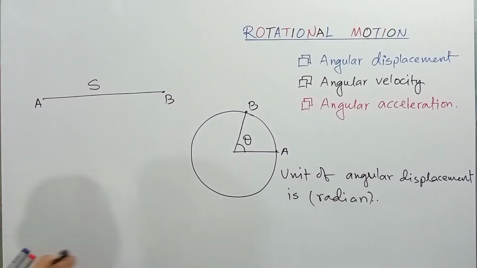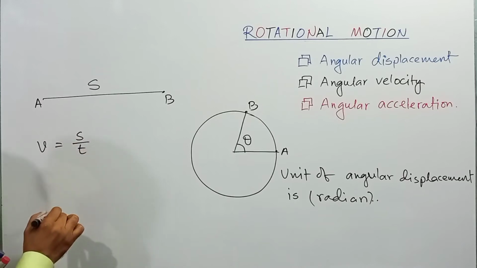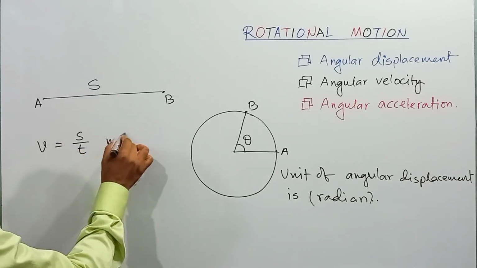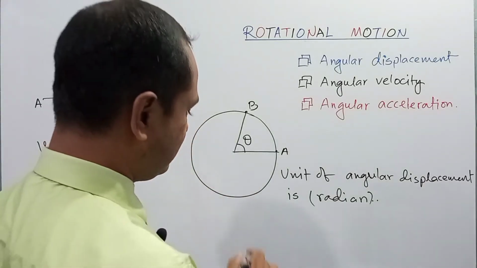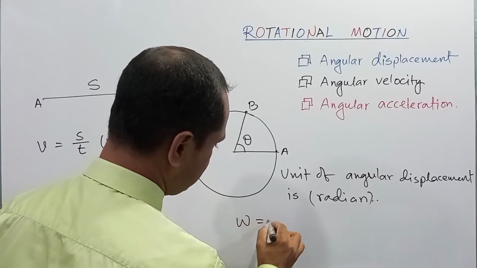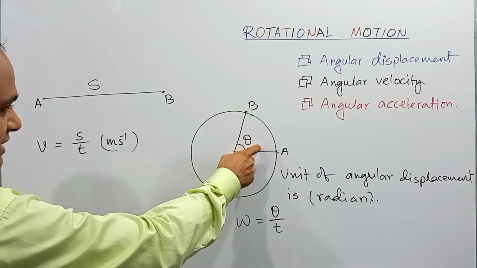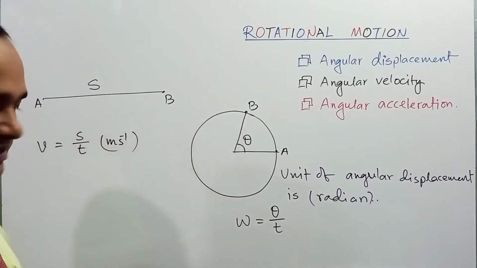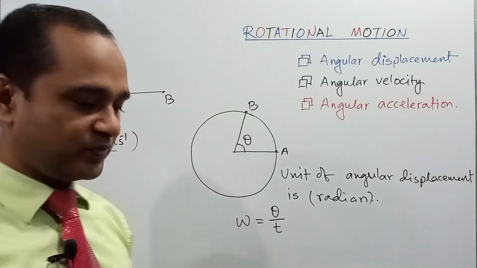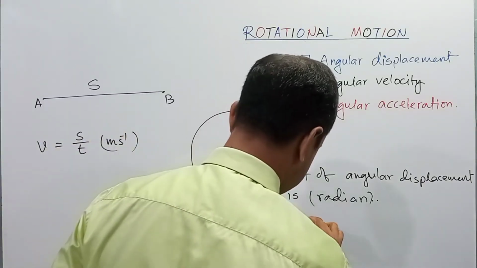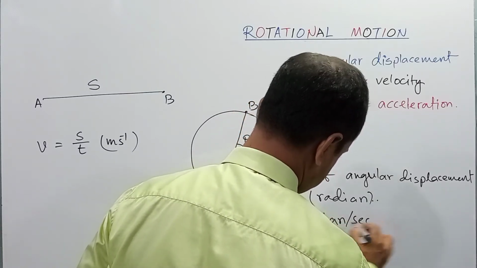The linear velocity v is denoted by s by t and its unit is meter per second. At the same time, the angular velocity will be denoted by omega. So omega will be theta divided by t, because here theta is the analogous quantity of displacement s. So the unit of angular velocity will be radian per second. Okay?